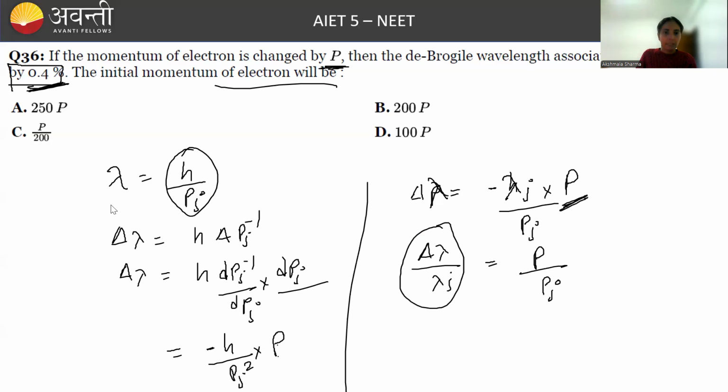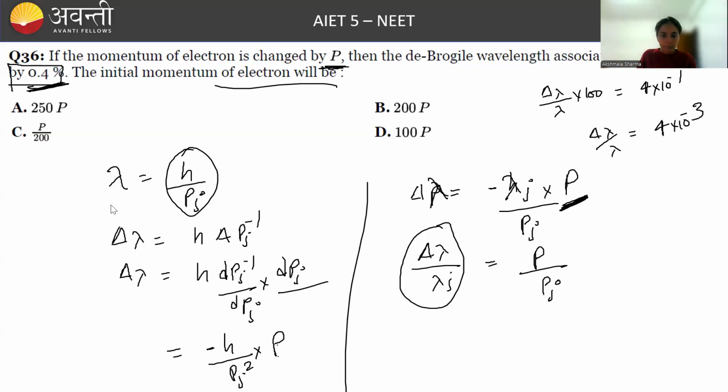If delta P is P, then the wavelength is getting changed by 0.4%. It means delta lambda by lambda into 100 is equal to 4 into 10 to the power minus 1. So delta lambda by lambda will be equal to 4 into 10 to the power minus 3.